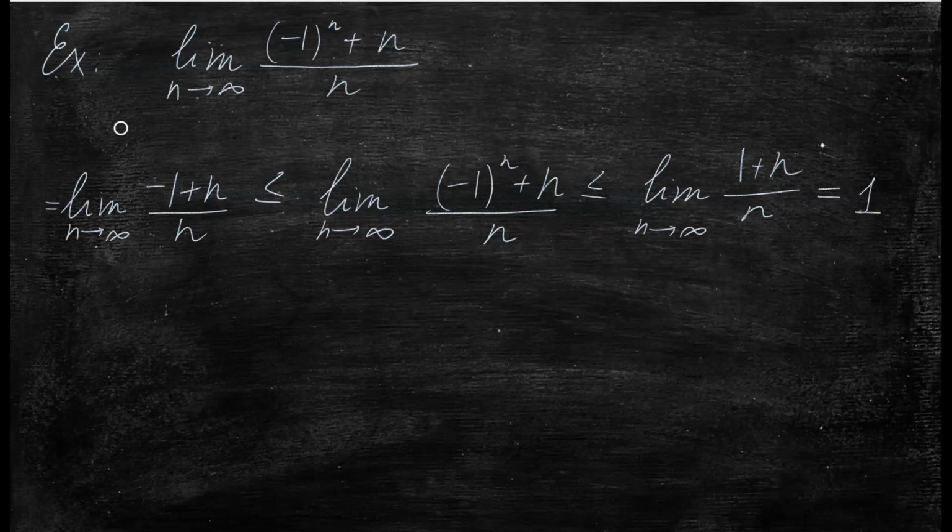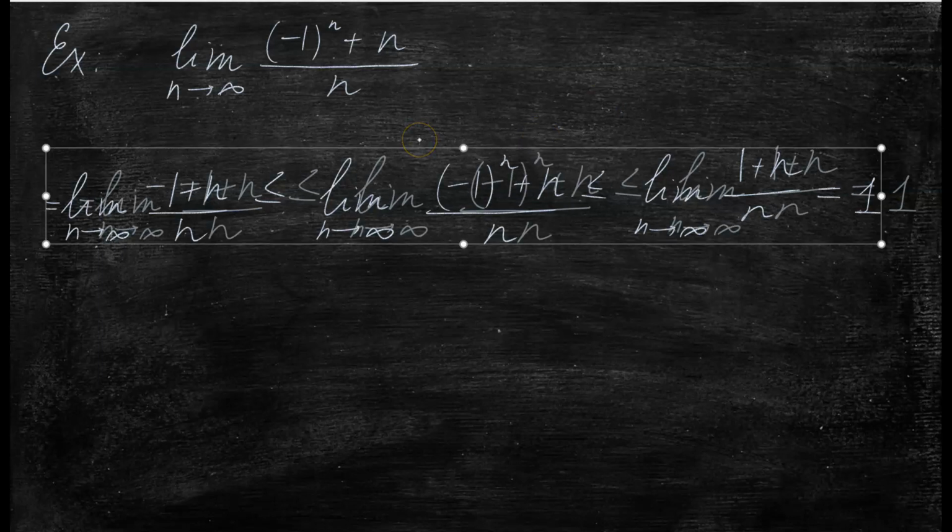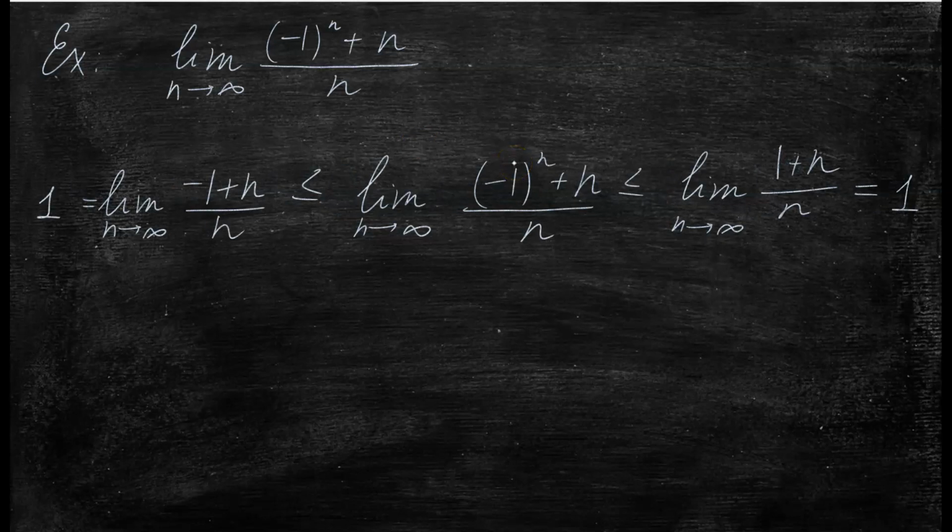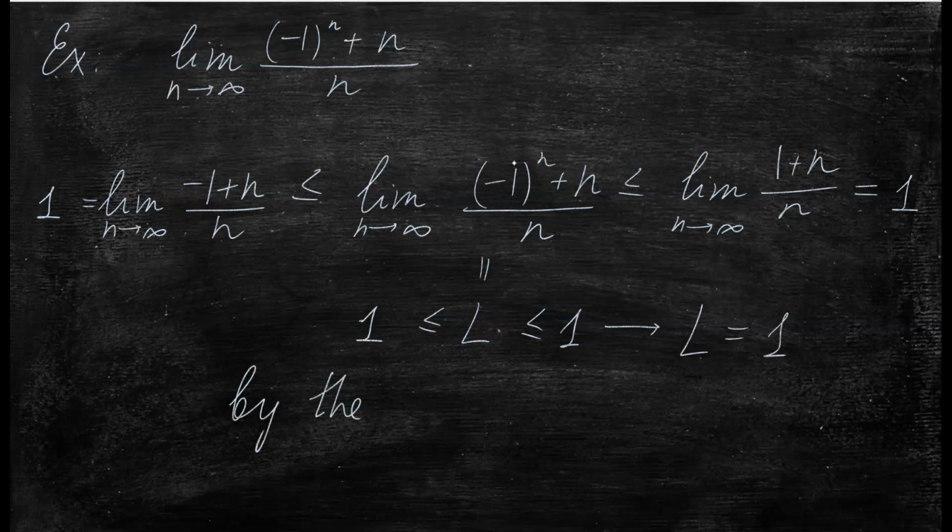The sequence on the very left is also approaching 1, and therefore the limit of the sequence in the middle, if it exists, will be bounded between 1 and 1, and therefore the only conclusion here is that L is equal to 1. This type of reasoning is called the squeeze theorem, or sometimes the sandwich theorem, and we found the limit using that theorem.